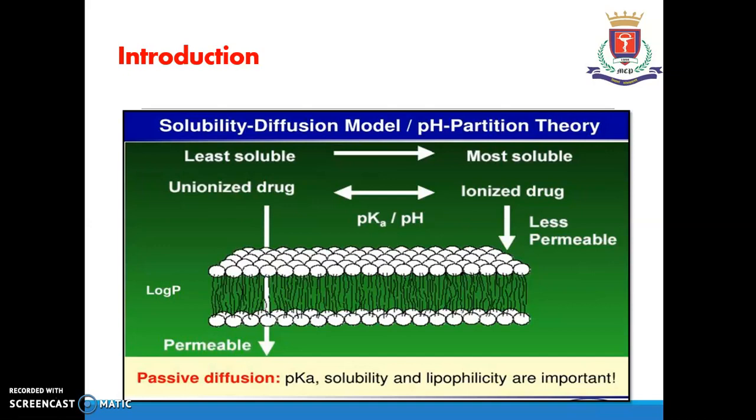The drug will get permeated easily into the blood or next compartment, crossing the barrier. So for that purpose, what is required is the optimum or least aqueous solubility and more unionized form of a drug at that particular absorption window or the GI pH.